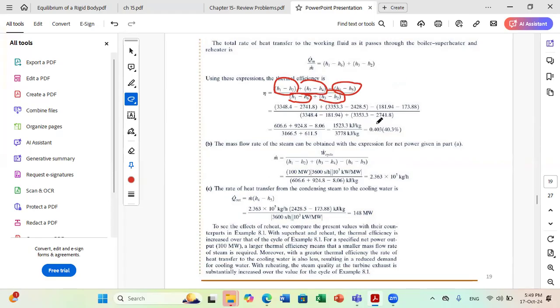If you compare the efficiency here with the efficiency in the previous problem, you will see an increase in efficiency. This was expected because of the reheating process.